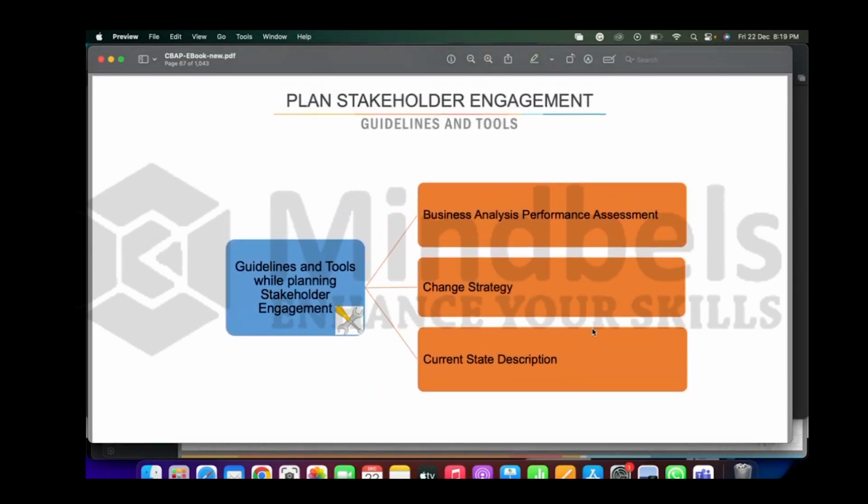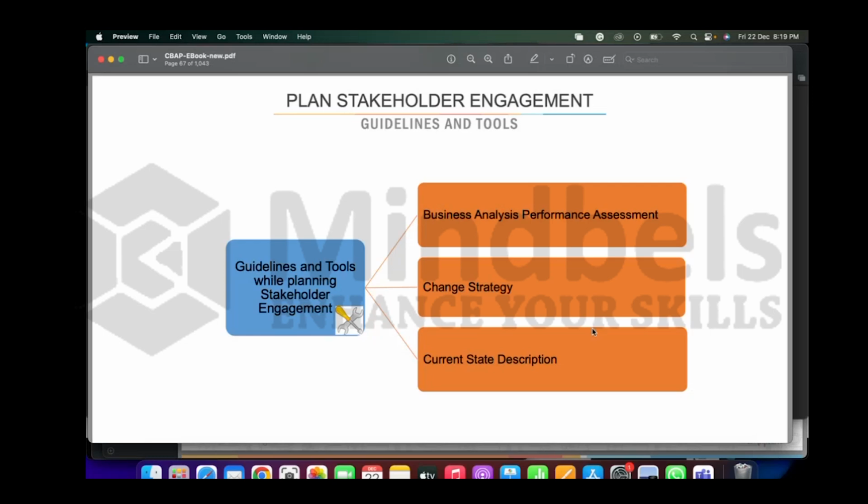Now, what are the planned stakeholder engagement tools and guidelines? It is again a performance assessment. Here in stakeholder, you will be thinking, why do we need performance assessment? That is important because without understanding their guidelines and tools for planning stakeholder engagement, you cannot build communication and trust between you and the stakeholder.